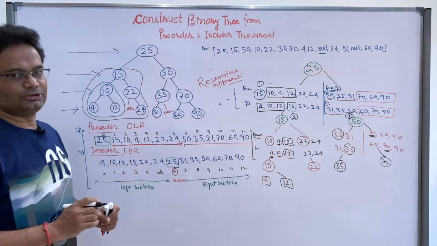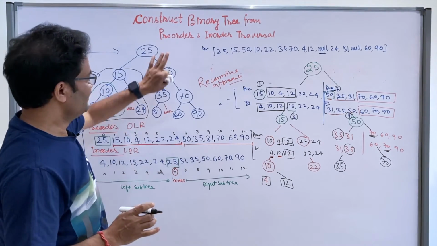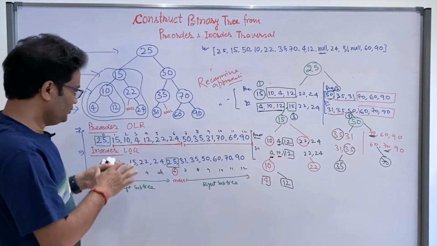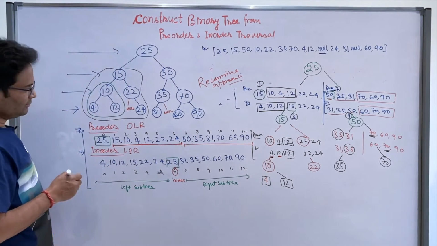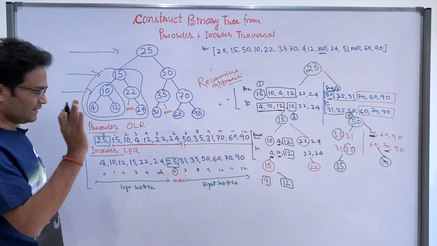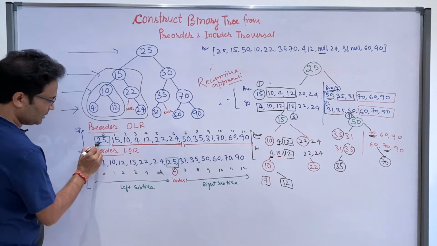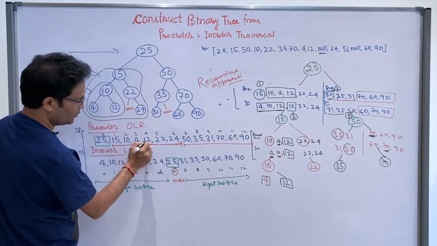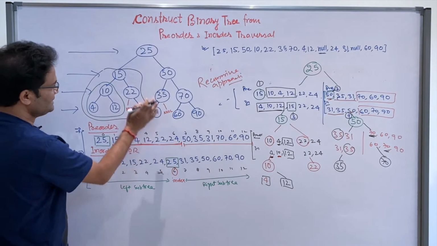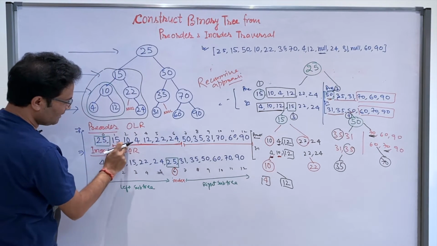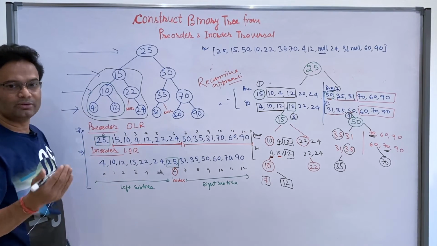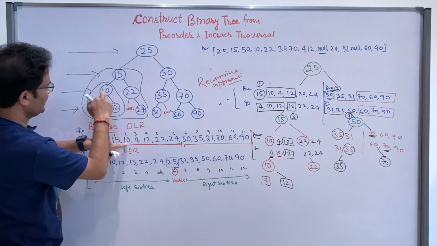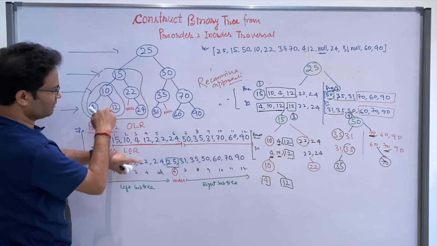This is the approach. This is the understanding of how we can receive that, right? Now I am going to tell you how we can achieve that. So if you understand that, see carefully, from the pre-order, whatever is above the left side, 15, 10, 4, 12, 22 and 24, this is this part, and these are the parents of the individual subtrees. First was the 25, second was the 15, then the 10, then the 4, then 12, right?